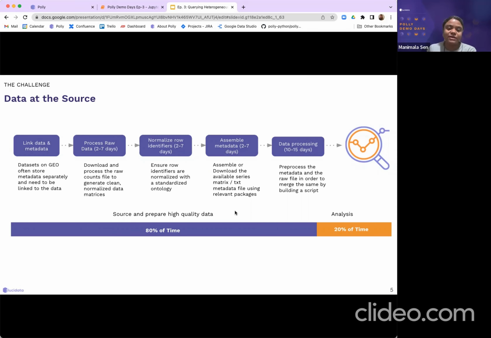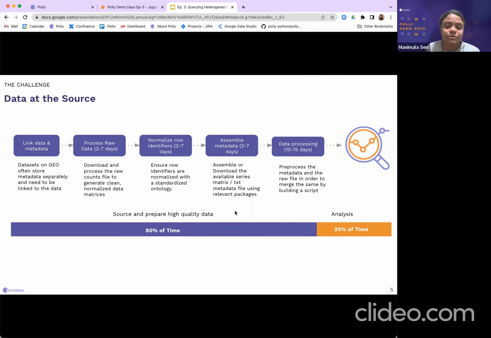Yeah, it's really a pain, because you first have to spend a lot of time to understand the data structure at source, then spend a lot of time to clean the data to make it usable for any kind of application. It could be simple dashboarding or a linear regression or a statistical analysis that you want to do.